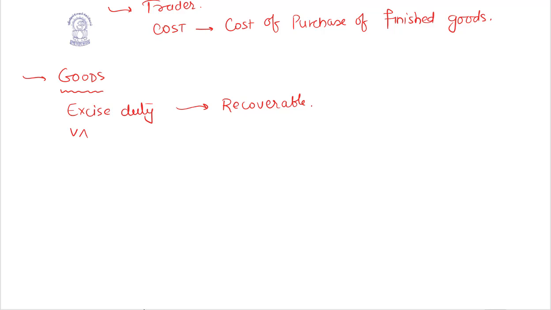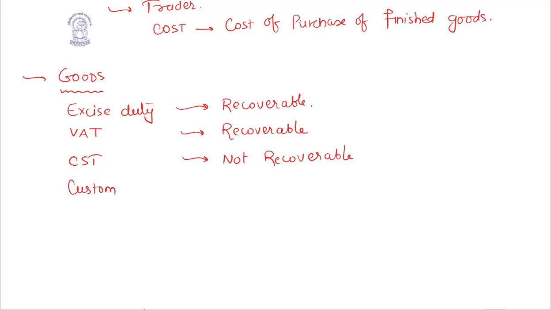Let's talk about value added tax, that is VAT. VAT is also recoverable in nature. CST, Central Sales Tax, is not recoverable in nature. We also have custom duty. If we are importing some raw material, the custom duty needs to be paid on that.